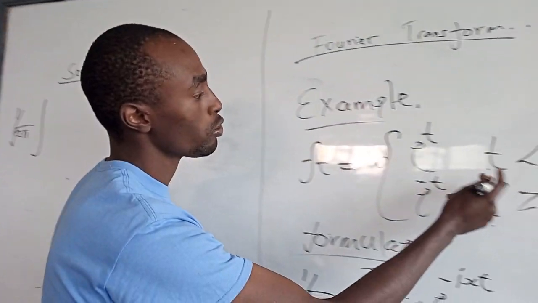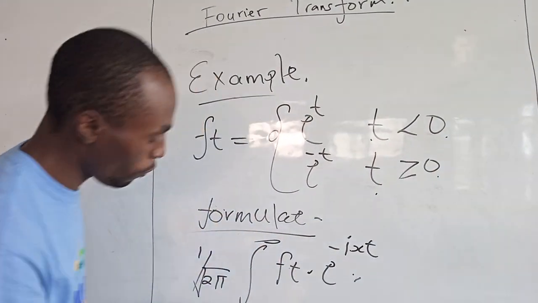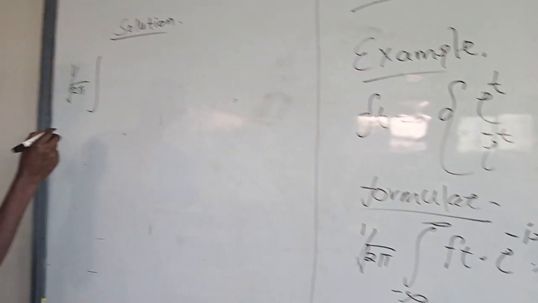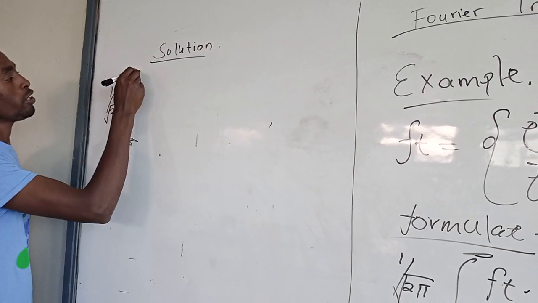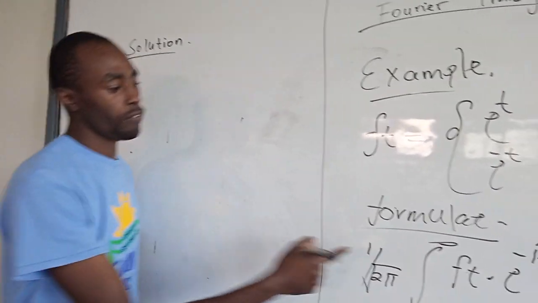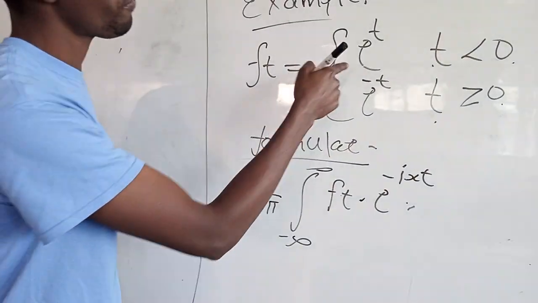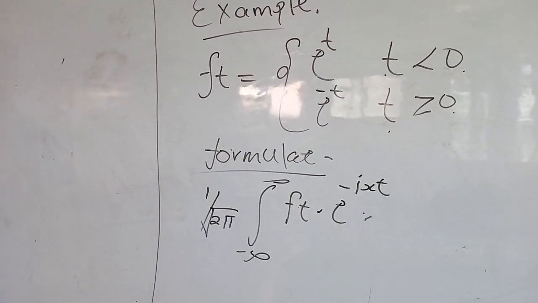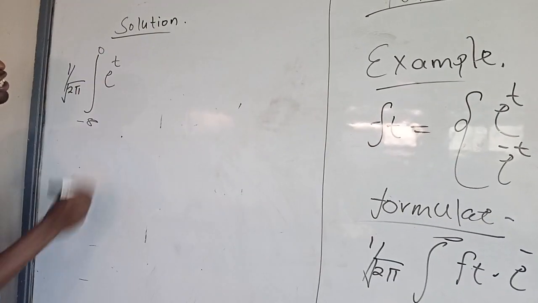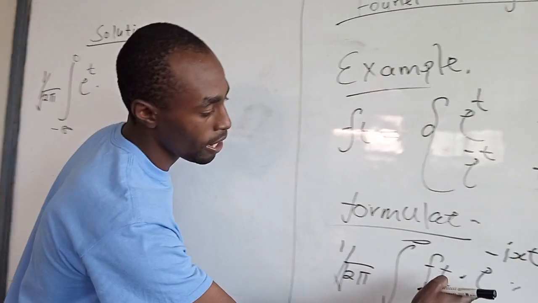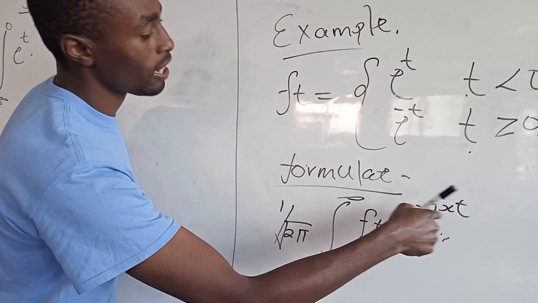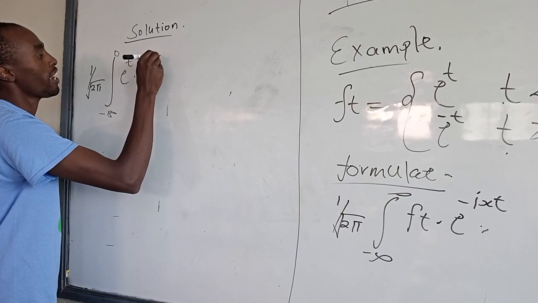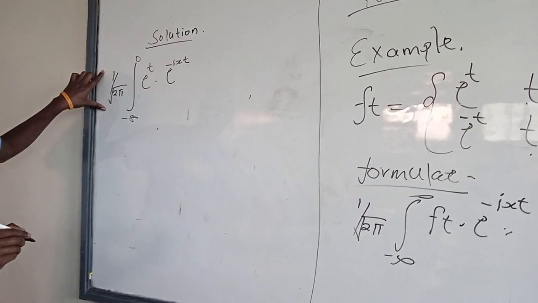Looking here, t is less than 0, and the formula is from negative infinity to infinity, so we are going to start with negative infinity to 0. Our f function is e raised to t, then multiplying by e raised to negative ixt, so that is e raised to ixt.